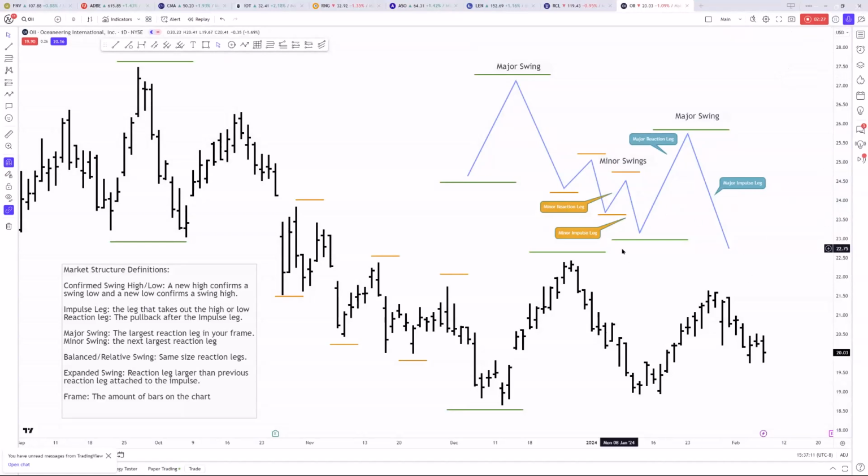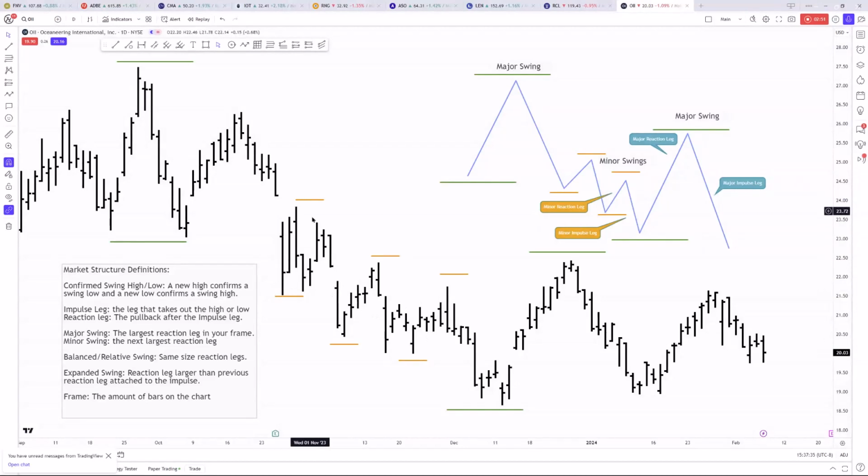Plus, we want to be able to take these definitions and put them here on what looks like chaos. You can see how I've already mapped a market, and it fits my definitions, and it fits the model. And so I'm structuring the market: major swing, minor swings, minor swing. And they fit a swing.